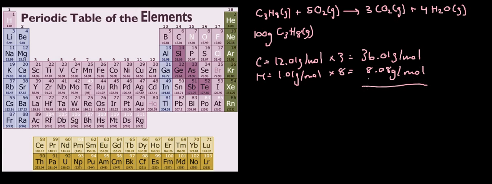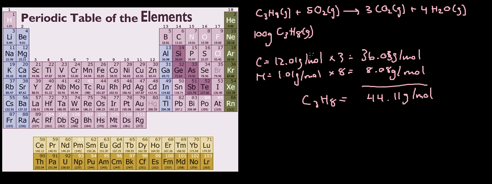I total these up, and this gives me 44.09. Oh no, this is 36.03. That was my mistake. 44.11 grams per mole. And that is the molar mass of propane, C3H8.